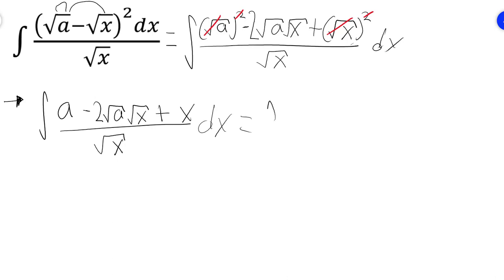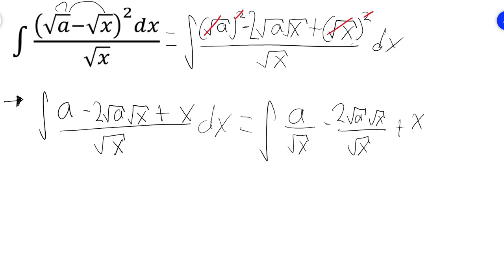So this is going to be the same as having a over the square root of x, minus 2 times a times x over the square root of x, plus x over the square root of x, right?